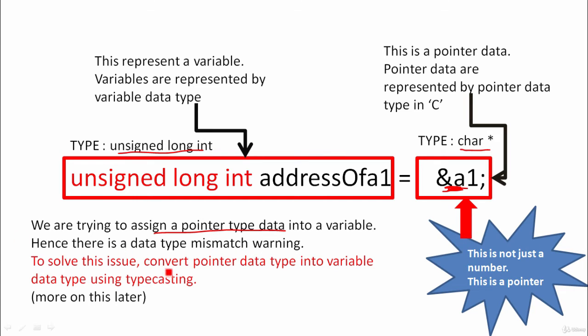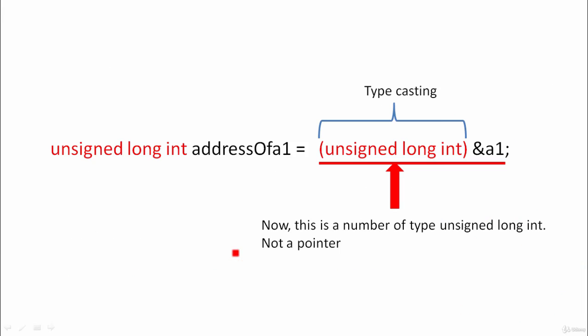To solve this issue, convert the pointer data type into the variable data type using typecasting. About typecasting, we'll understand later. So here what you are seeing is typecasting.